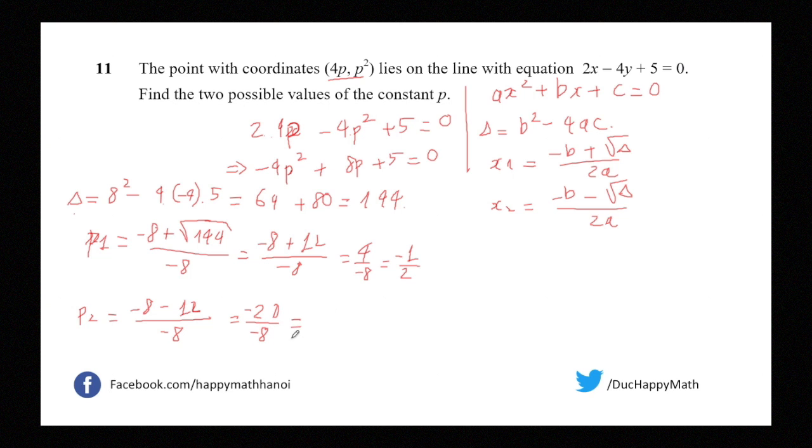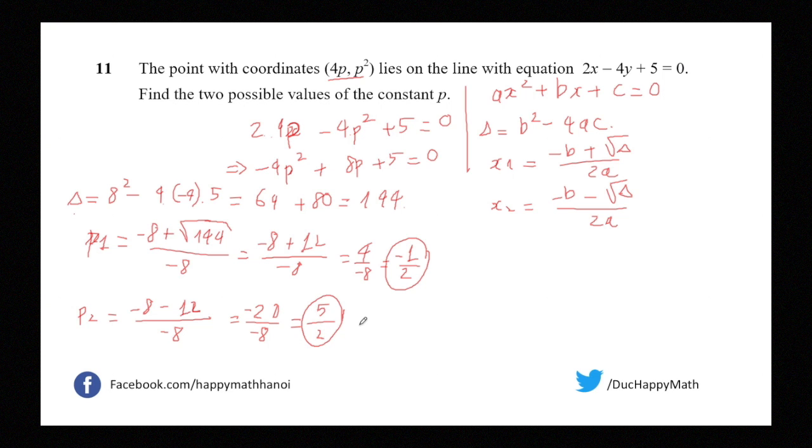Both of them divide by 4, so 5 over 2. So the two possible values of p are minus 1/2 and 5 over 2.